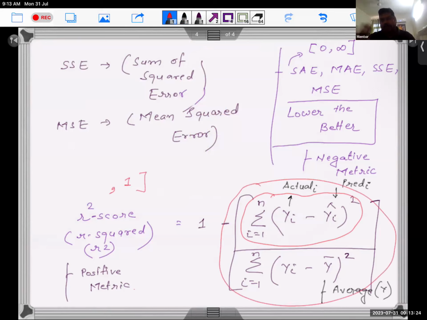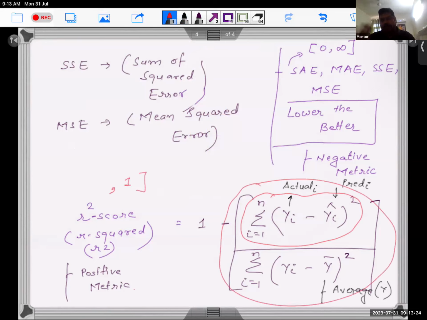Let's talk about one more scenario. When do you think this fraction becomes 1? I'm only talking about the fraction right now. When yi hat is the same as the mean. Yes, absolutely spot on.